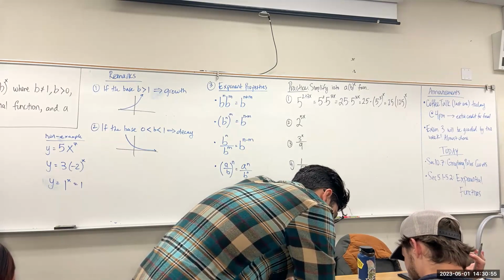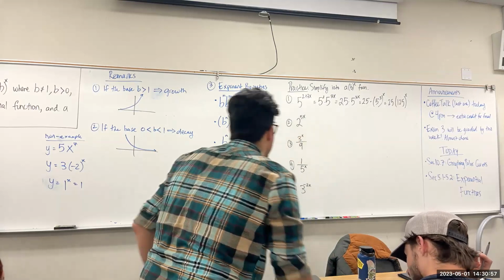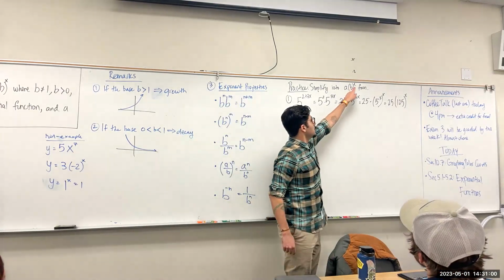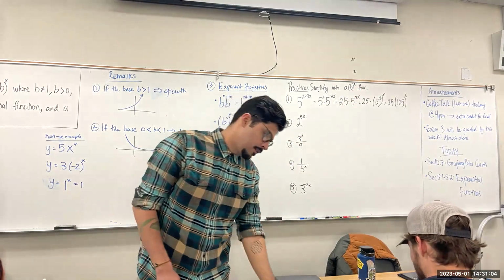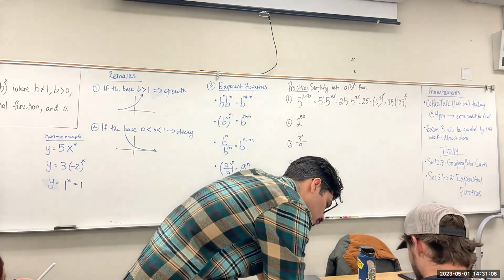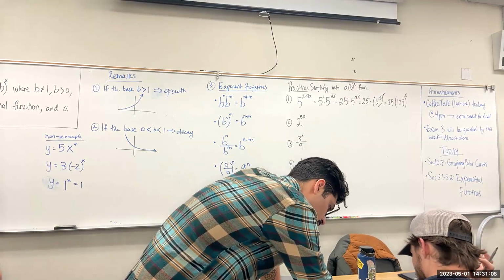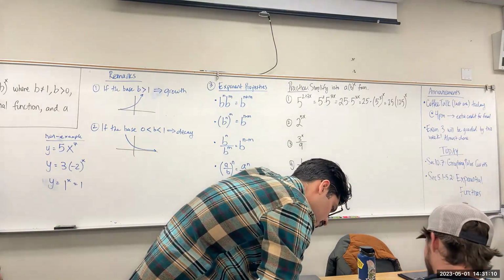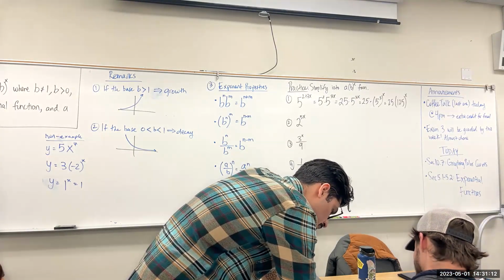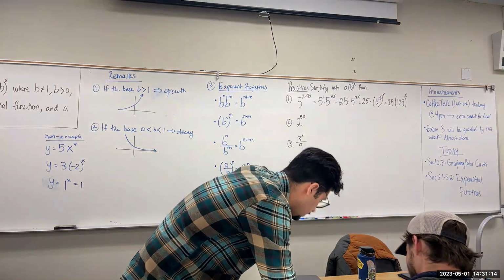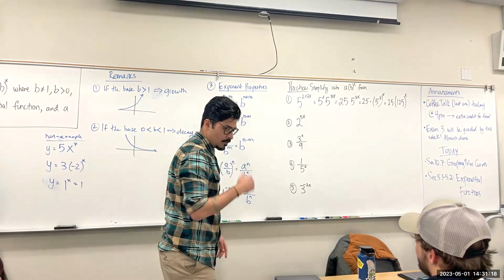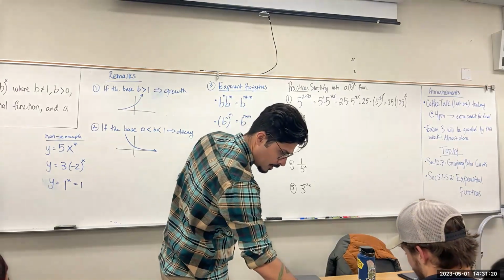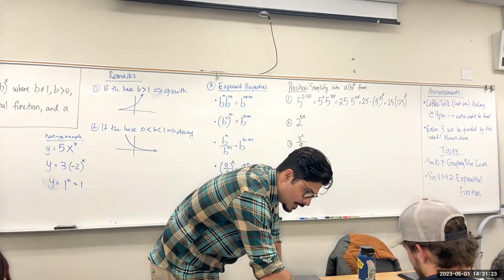If you want to write it in this form, you don't want x to be negative. For this one, you don't want x to be negative, so you do a couple of things. You use this property. So what you can do is think of the negative as a negative one x.